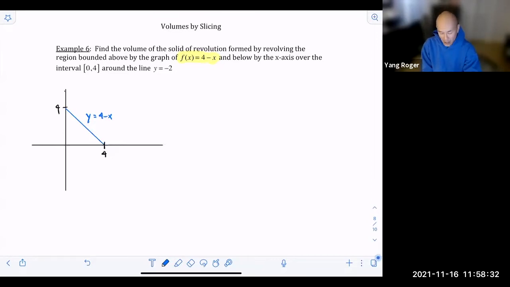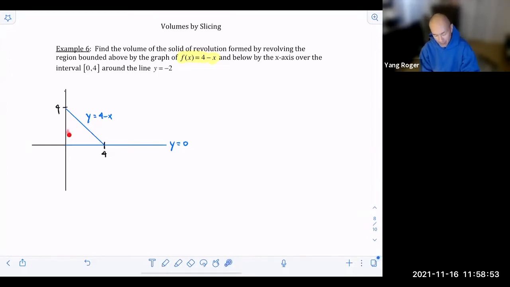It's bounded below by the x-axis. So I want to draw it in this time. I'm going to draw it slightly above like this. And this is y is equal to 0. That's the x-axis. And then they say we're going from 0 to 4.